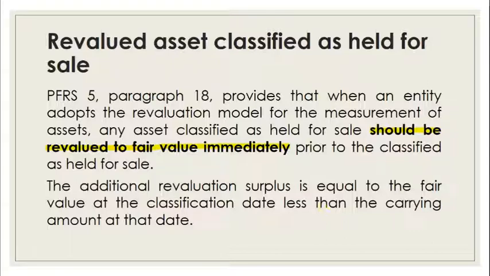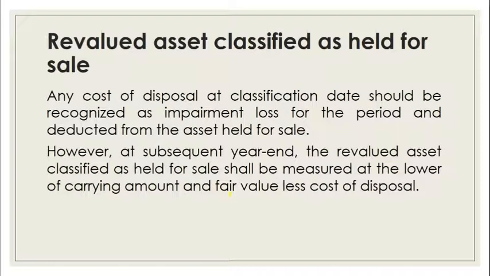So again, this is the revaluation surplus. You probably know this from your IA1 or IA2, since revaluation surplus was already a topic. The only difference is that any cost of disposal at the classification date should be recognized as impairment loss for the period and deducted from the asset held for sale.